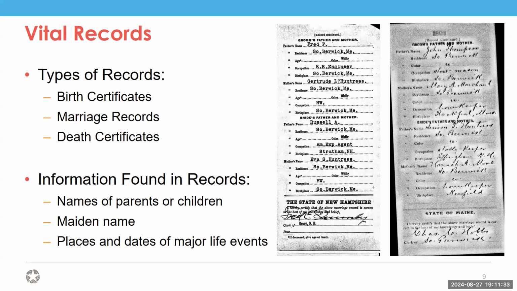Let's see what else. Death certificates can also be a good place to find children's names. A child or a spouse is usually the informant giving all of the information for the death certificate and has to sign the document. So oftentimes you will find at least one child's name on that document.